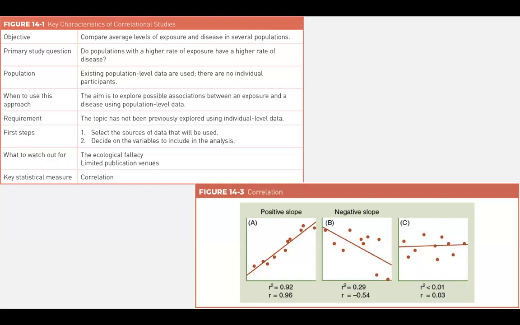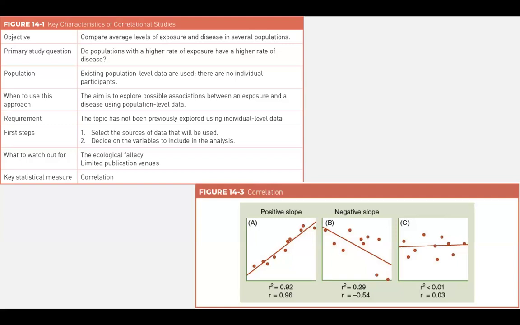So one of the key things to look out for is this phenomenon known as ecological fallacy. And here's the way I always try to explain ecological fallacy. Ecological fallacy is making the mistake, or maybe not the mistake, but maybe, let's say, making the jump to a conclusion of saying that just because something is true at the population level, that must be true at the individual level.